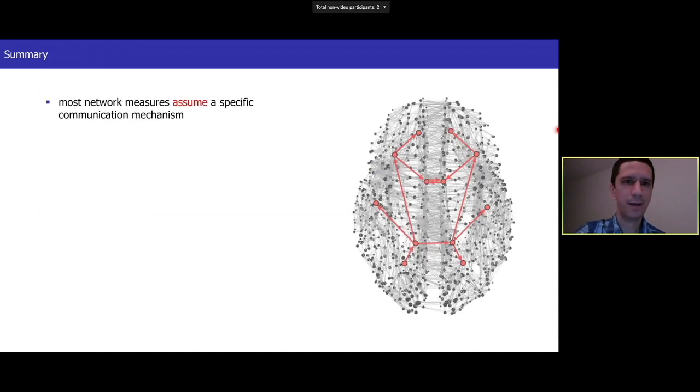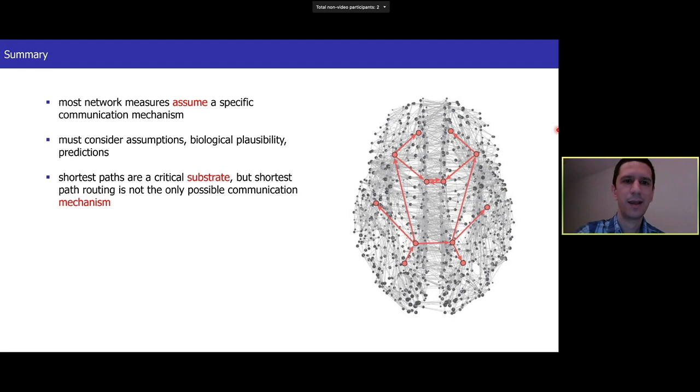So just to conclude then, I hope I convinced you that all network measures are assuming a very specific communication mechanism, and that you must consider the assumptions that they're making, their biological plausibility, how well they can make predictions about real data, whether it's functional connectivity or patterns of neurodegeneration. That shortest paths are a critical substrate.